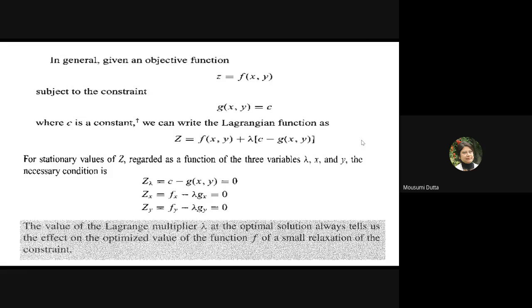If we treat the constraint as g of xy minus c is equal to 0, the Lagrangian expression will be given by z is equal to f of xy minus lambda times g of xy minus c.